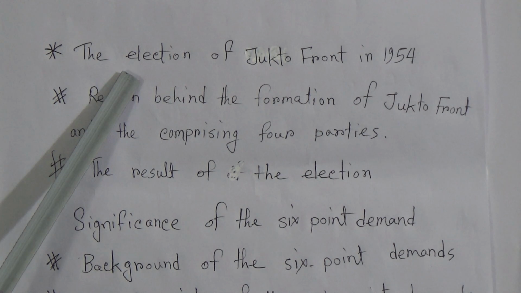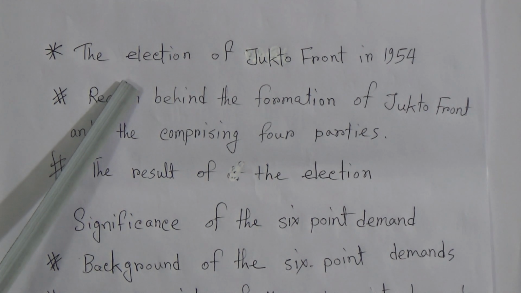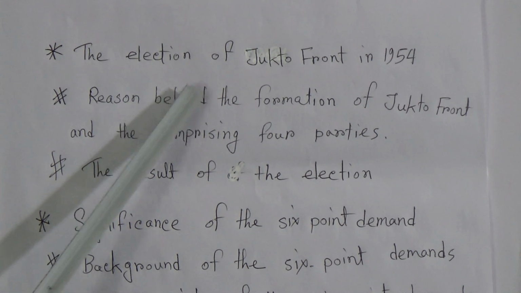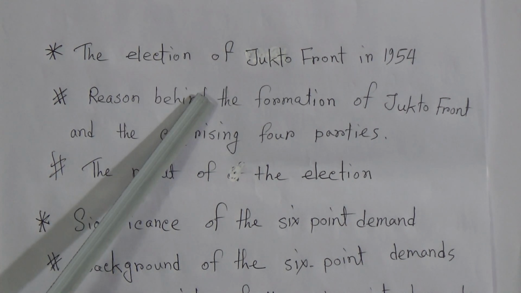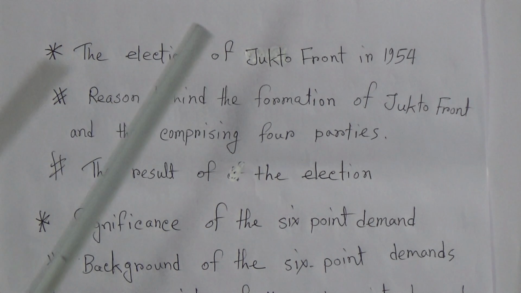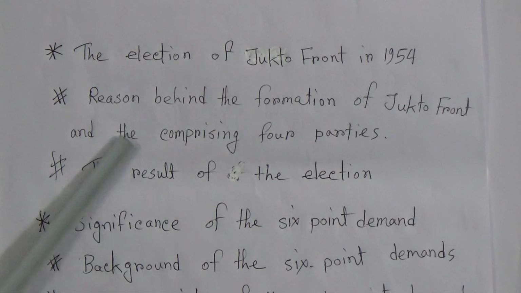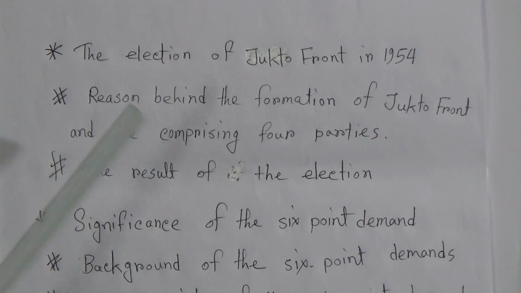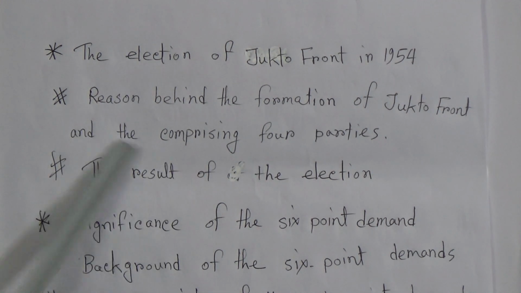Because the ruling party Muslim League did not take any initiative to form the central and provincial government for a long time, the Awami League decided to form Yukta Front. Okay, so Yukta Front was a joint front of 4 parties.